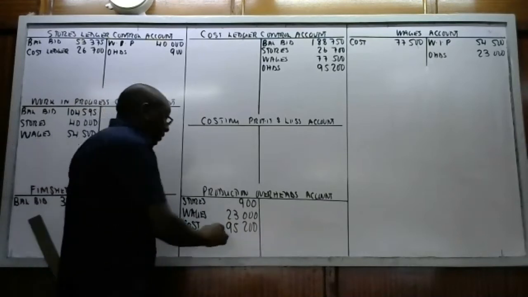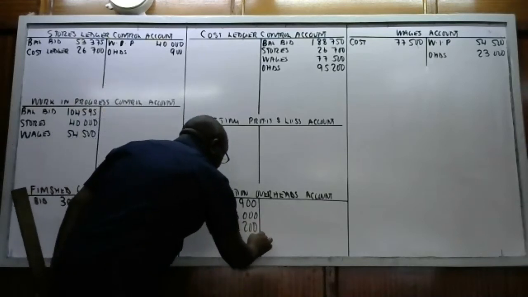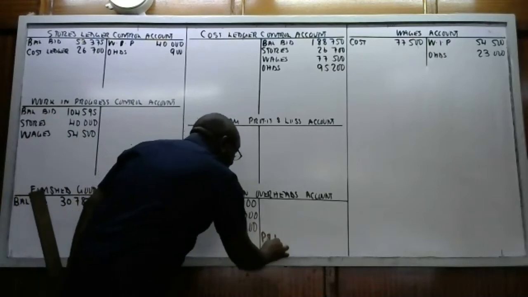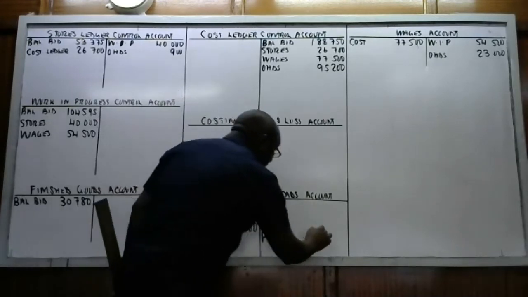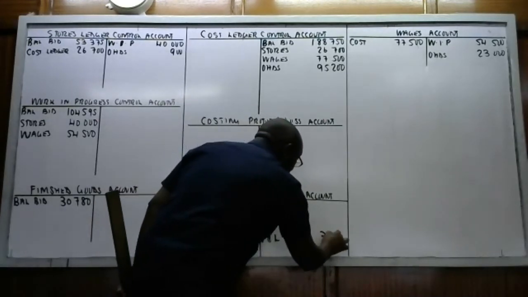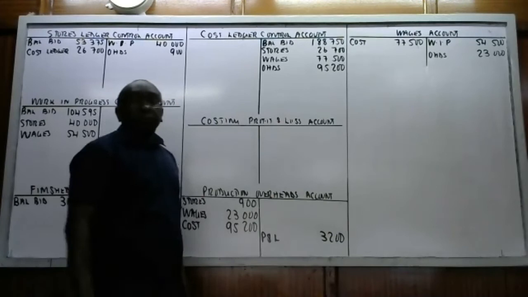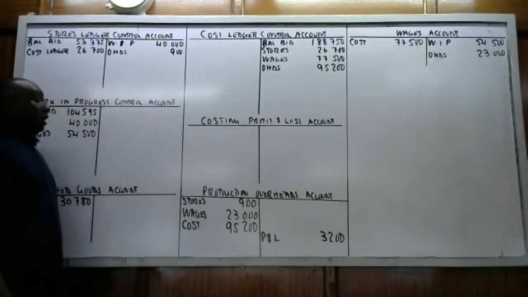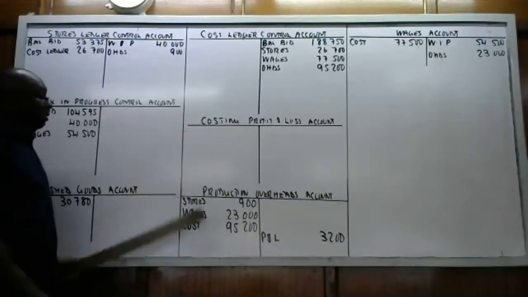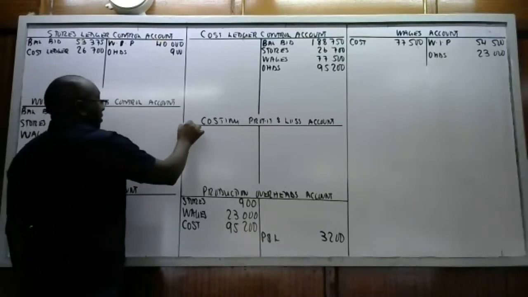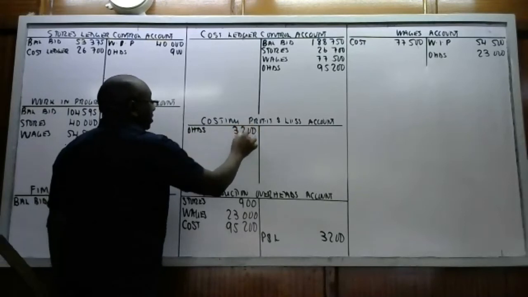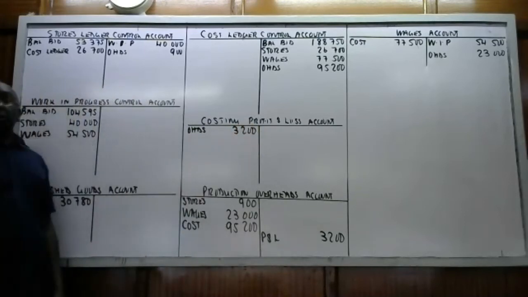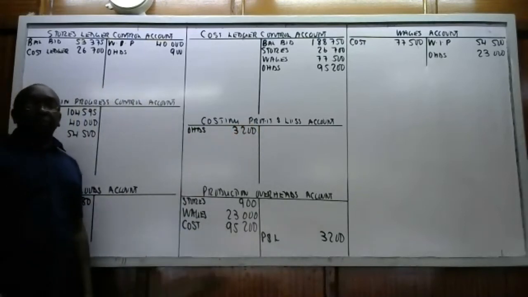So you put that below. So because of P&L, 3,200. Then going to P&L, because of overheads, you bring 3,200. That's how we record an under absorption.